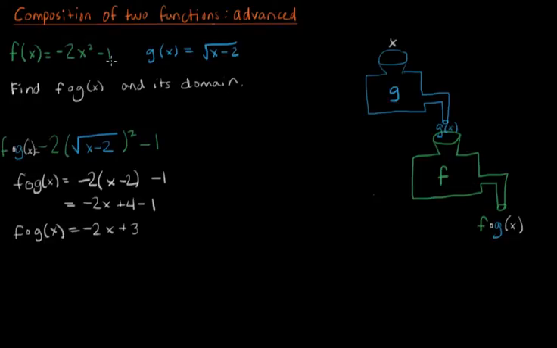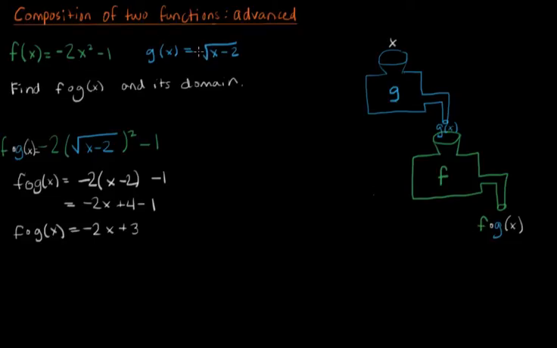Now, the f function machine doesn't have any trouble because you can always square any input. So we shouldn't have any trouble with f. But g is a function that can only take in positive or zero numbers, right? It cannot take in a negative number because it can't have a negative number under its square root, because if it does, it'll be a complex number.